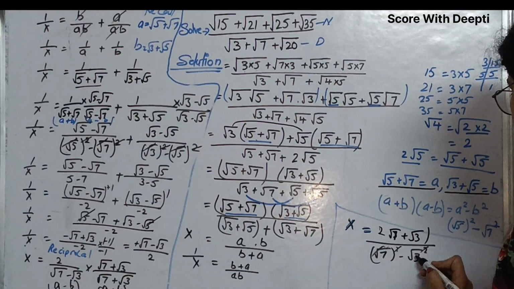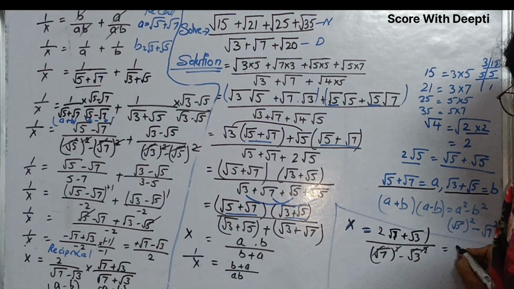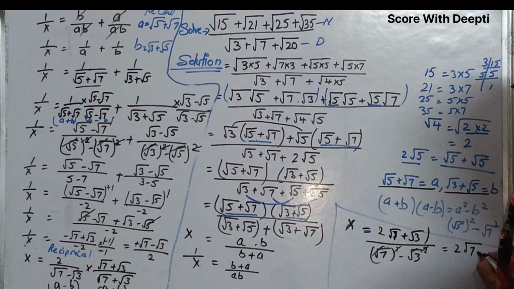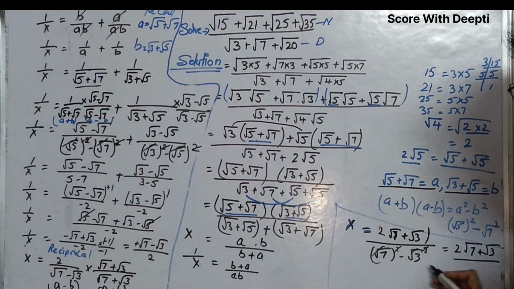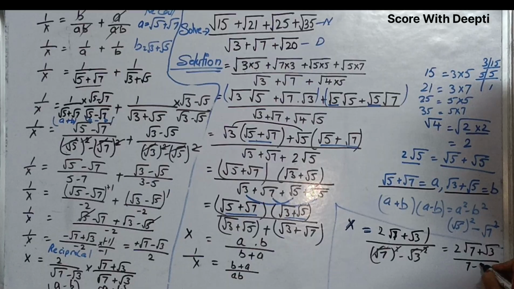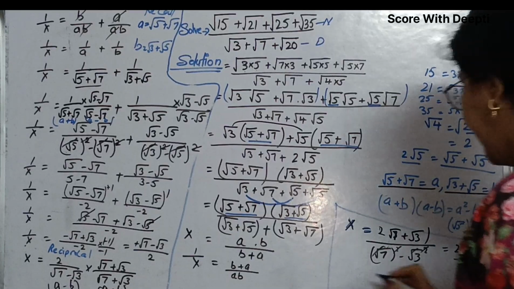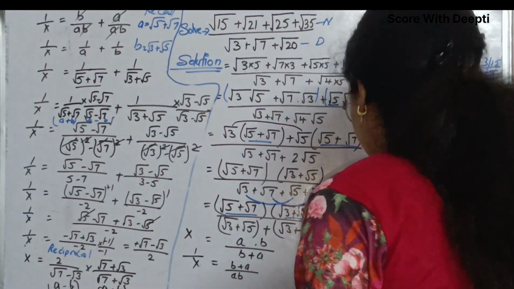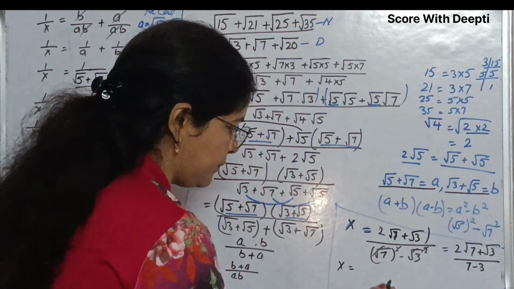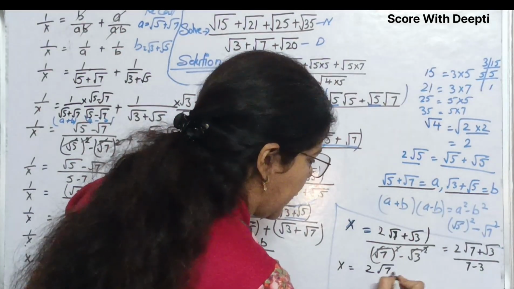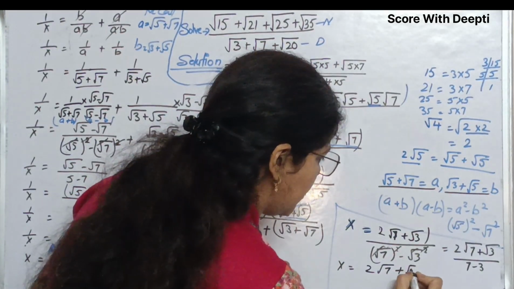After solving this we get 2 times square root 7 plus square root 3 over 7 minus 3.